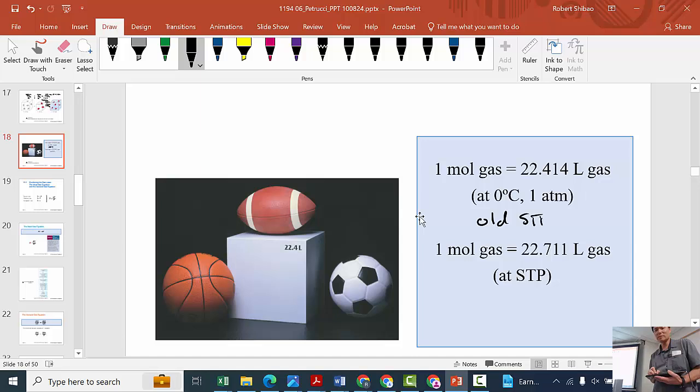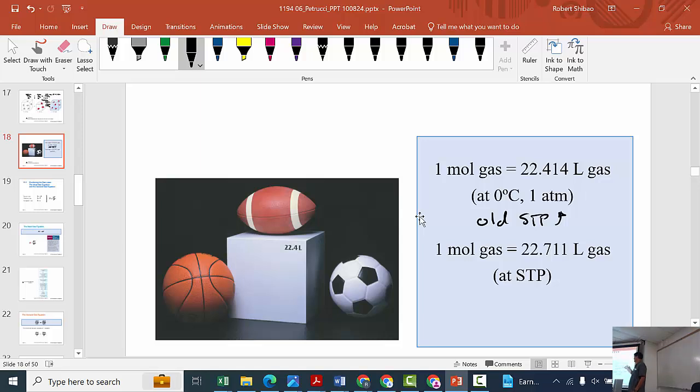And so this is the STP I memorized as a student. And the old STP is 0 degrees C and 1 atmosphere pressure. 1 atmosphere is fine. That seems pretty standard because that's normal atmospheric pressure. However, 0 degrees C is not normal room temperature, is it? I mean, it's too cold.